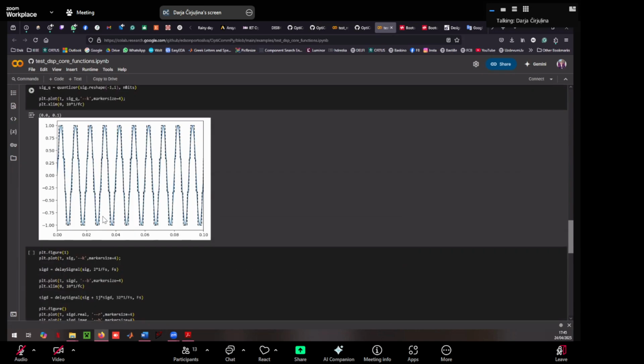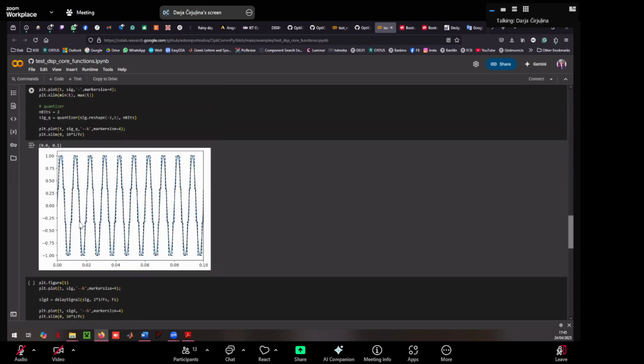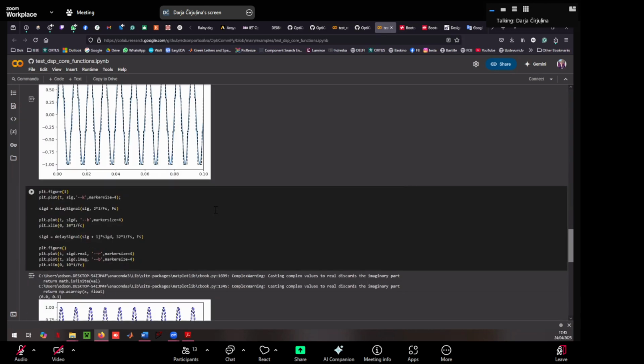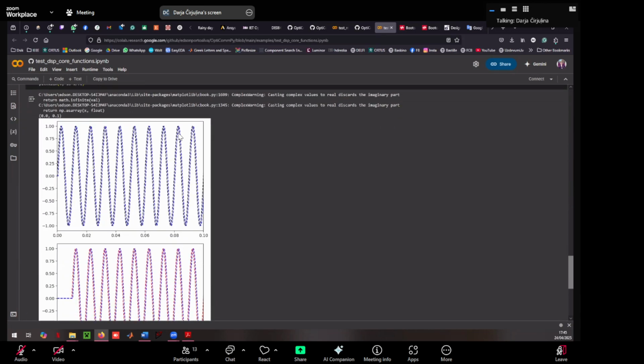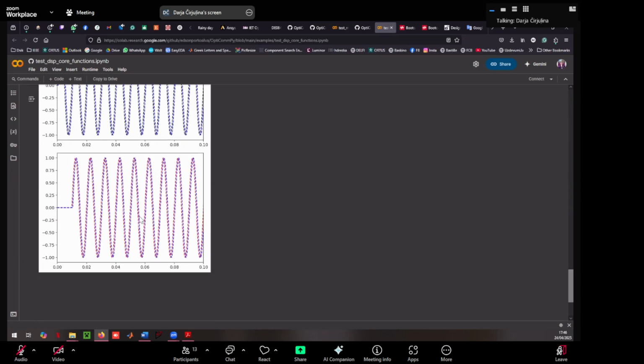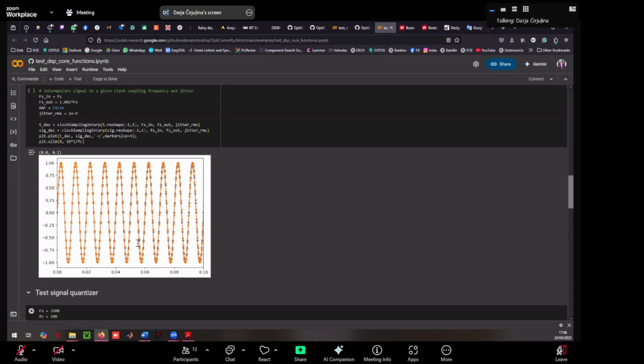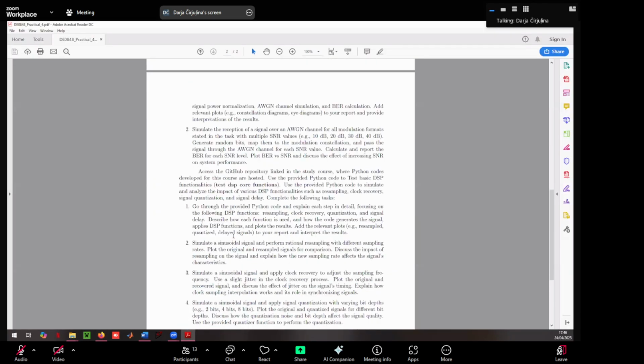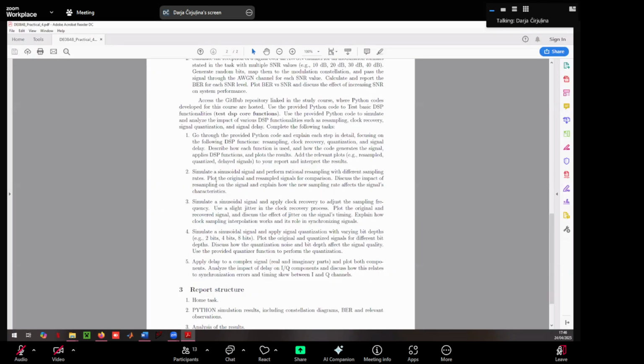Here you would have just a sine wave. Here we can see the example of quantization, when you have these steps. Here you can see the clock, and here just a shift between the signals, the delay between the signals. You have some tasks to finish in this part as well, I would say four tasks.